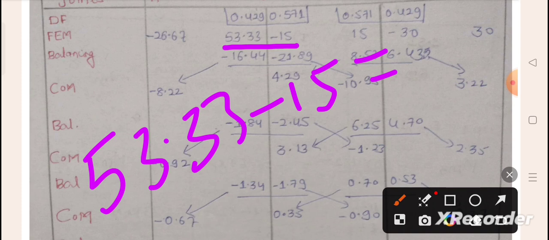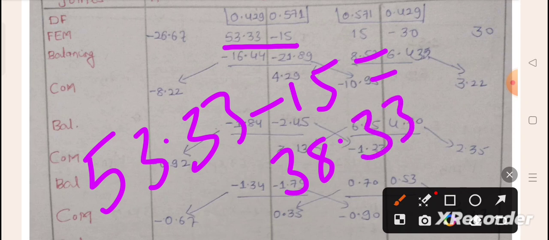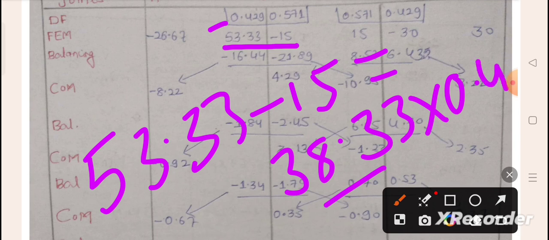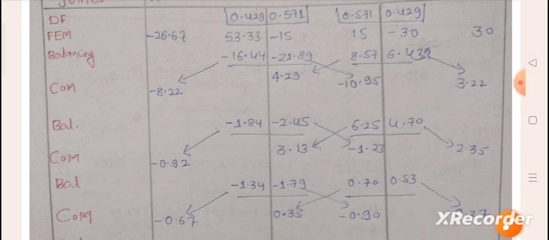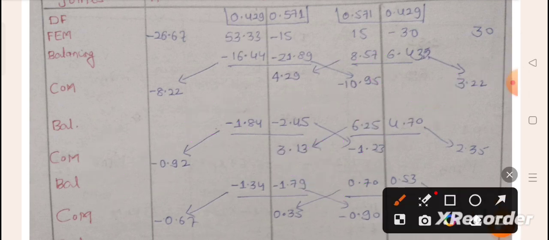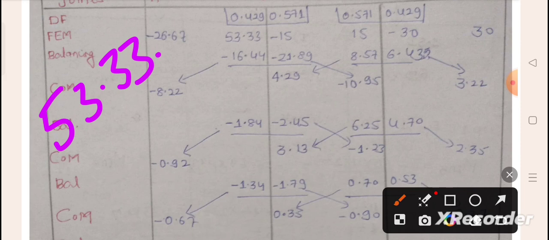So you are getting 38.33. This 38.33 should be multiplied with the distribution factor 0.429. So how much did I get?